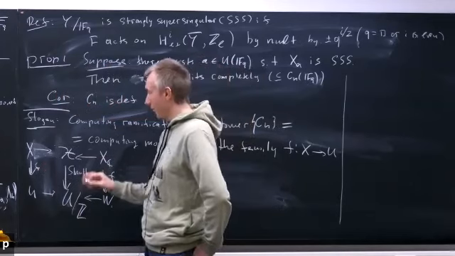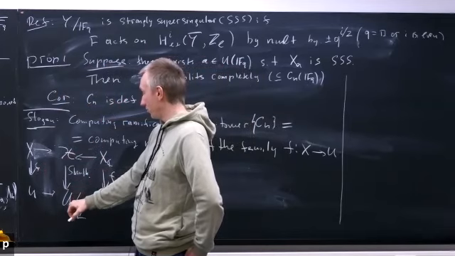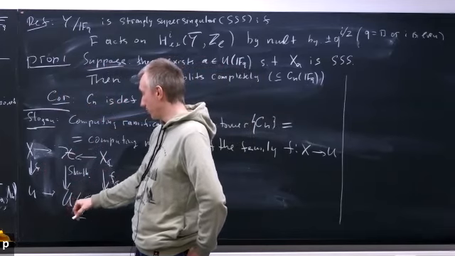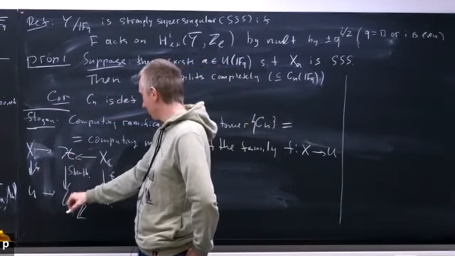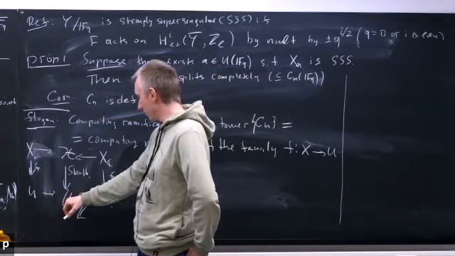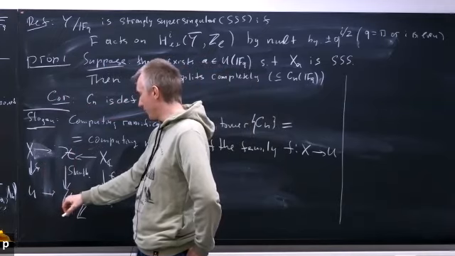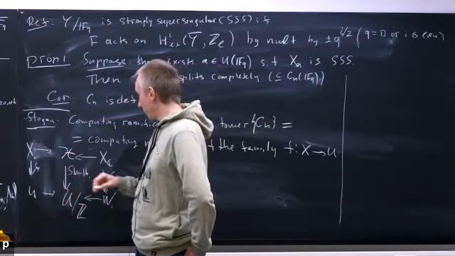So let me say it in a different way. Suppose we have a smooth family over U, which is flat but not faithfully flat over Z. So it's a scheme of relative dimension 1 over Z, and a smooth family.